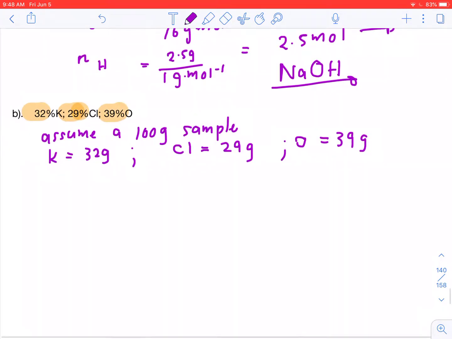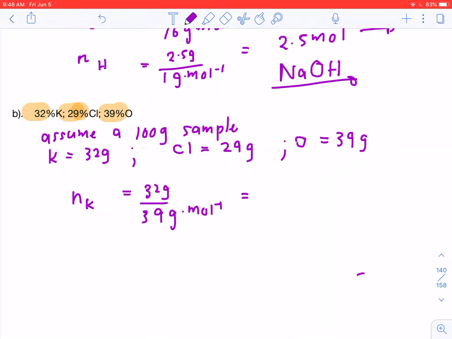Okay, so we're assuming that we've got a 100-gram sample. But now we want to know in terms of moles how much of each. So we got n of K, and we got 32 grams all upon the molar mass of K, and we know that is 39 grams per mole, which then equals 0.82 moles.